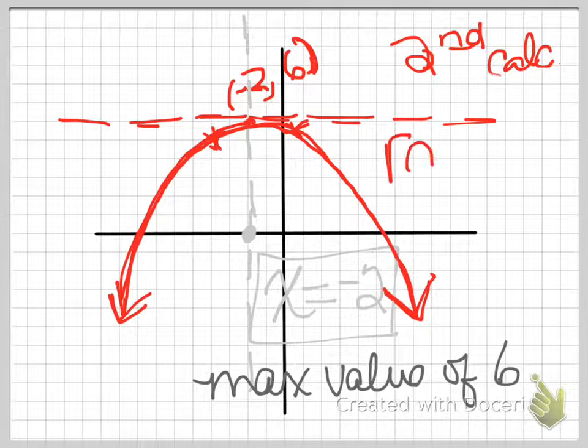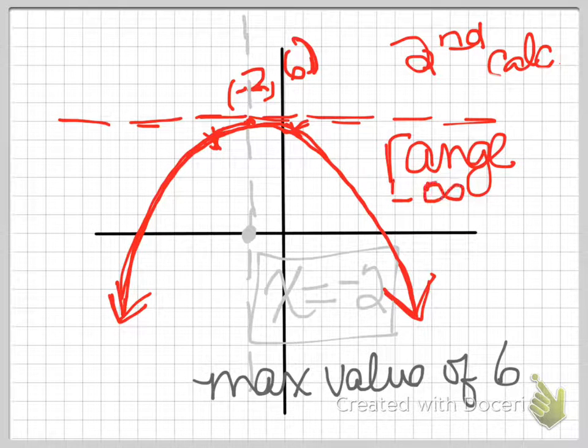So our range for this particular parabola is going to be no taller than 6. It goes no higher along the y-axis than 6. So it's going to be from -infinity in this case, and it goes no higher than 6. It does include 6, so we are going to as well. And that would be our range.